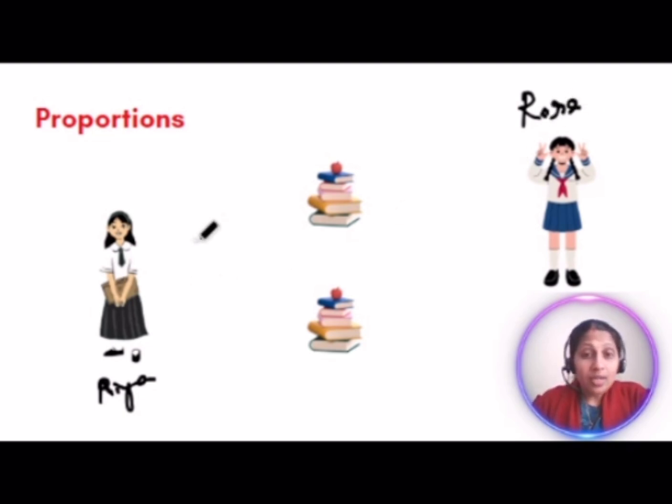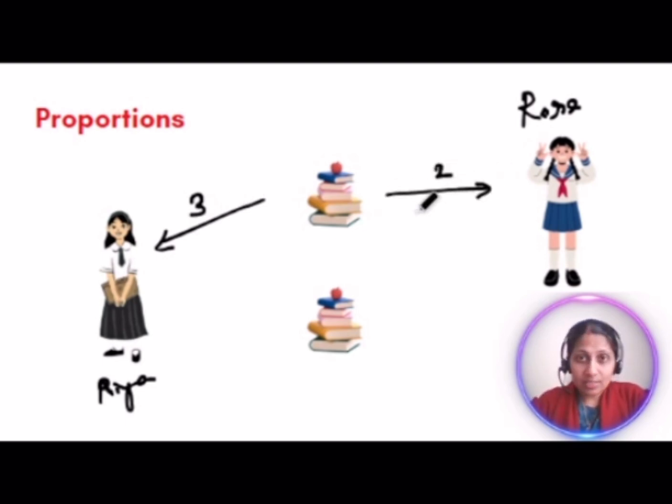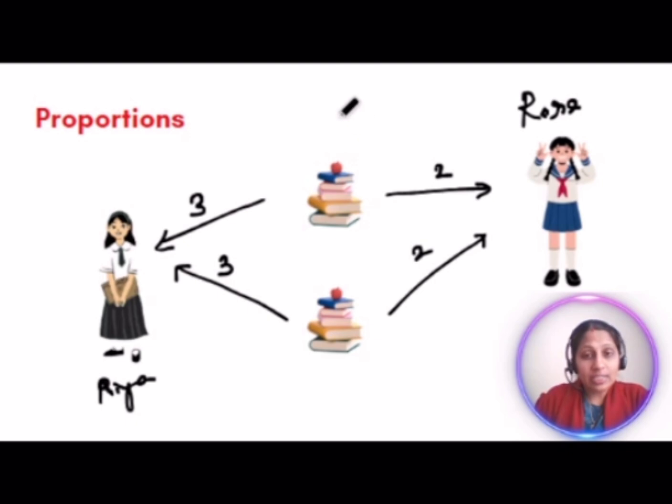Now, Rhea and Rose always get the books in the ratio 3:2. Since some more books have been added in the library, let's distribute 3 more books to Rhea and 2 more books to Rose. So the initial ratio was 3:2, and we have to check whether the books have been distributed in the same ratio as before.